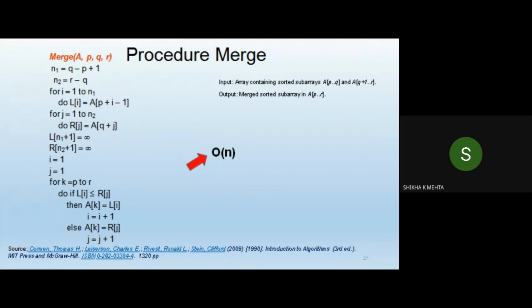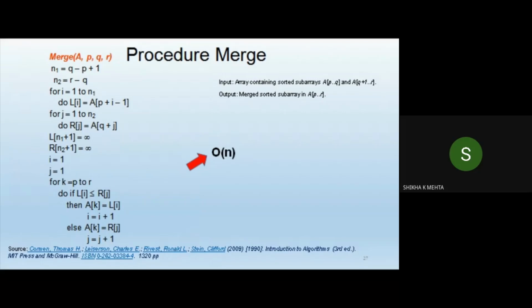So for k equal to p to r, what do we do? If L of i is less than or equal to R of j, that means we are comparing the corresponding values of the two different arrays. So if L of i is less than R of j, we put A of k equal to L of i.